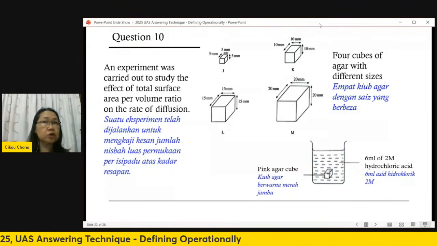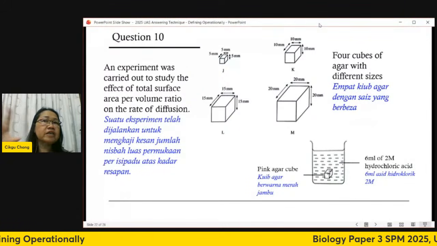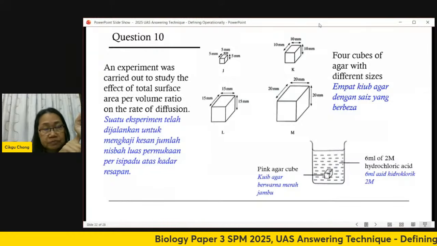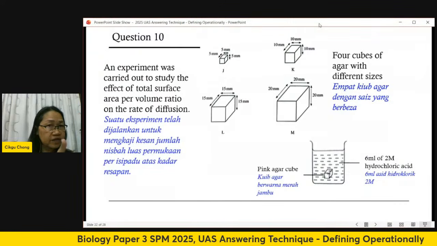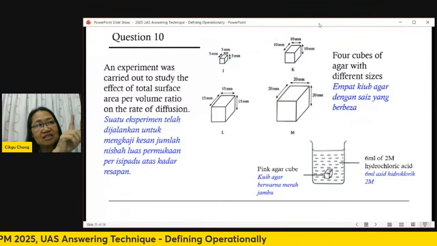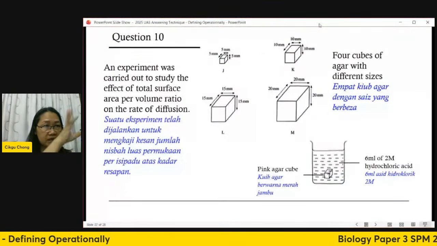Okay, the bigger the cube, the TSA per V is actually small. The smaller the cube, the TSA per V is actually bigger. You don't believe me? You go and find the total surface area of a small cube. You divide by the volume, get your answer.